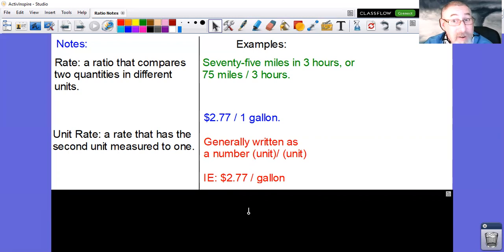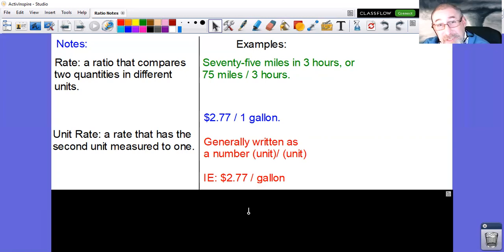So now we've added our units to that. And then a unit rate is a rate that has the second unit measured to 1. For example, milk, $2.77 per gallon. Generally written as a number, unit per unit.